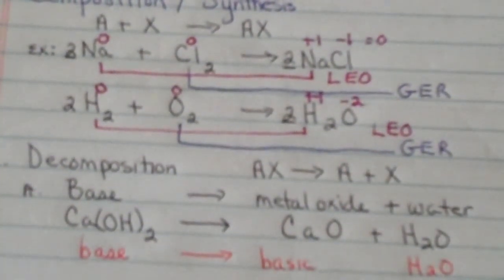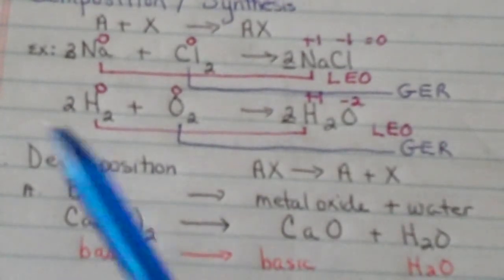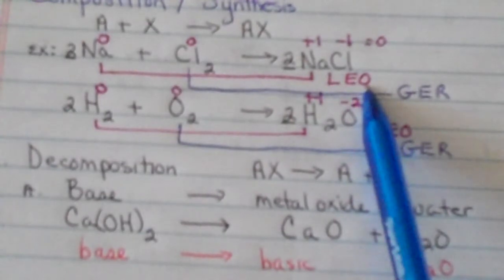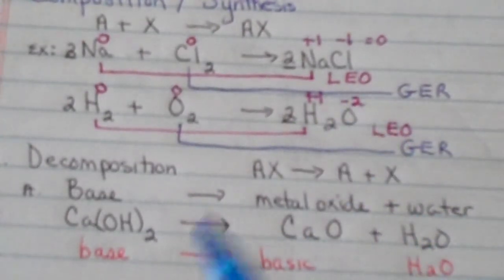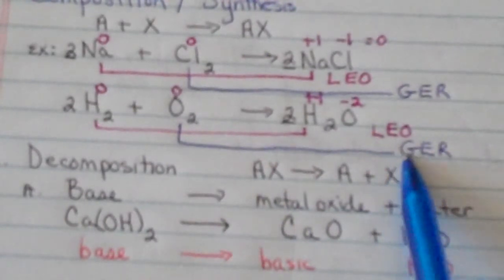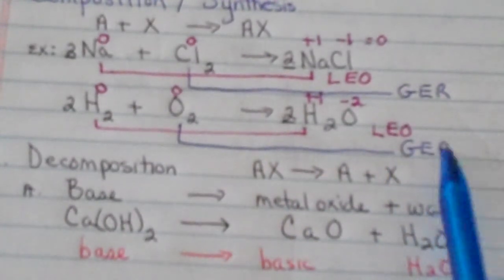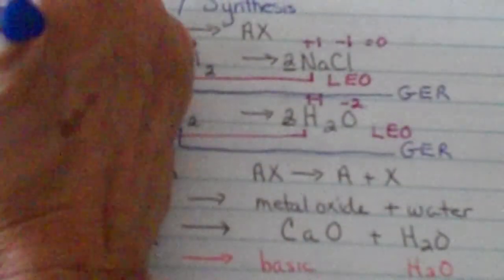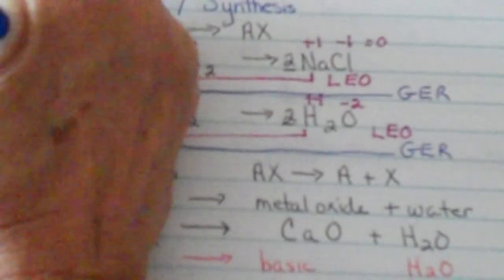Metals like to lose electrons. Metals lose electrons and undergo oxidation. Nonmetals generally gain electrons and are reduced. So this is not just a composition reaction, but it's also redox.